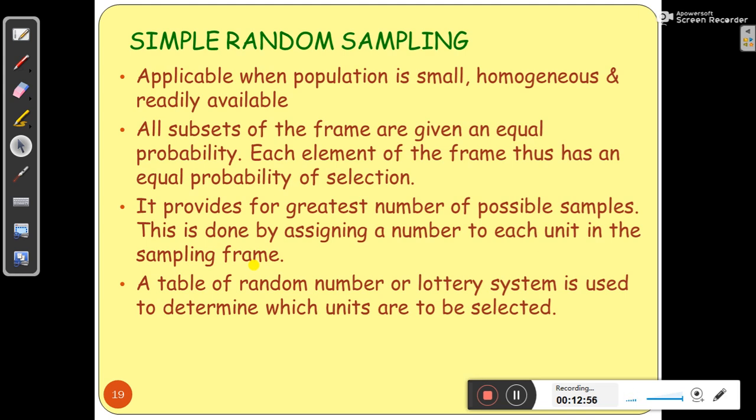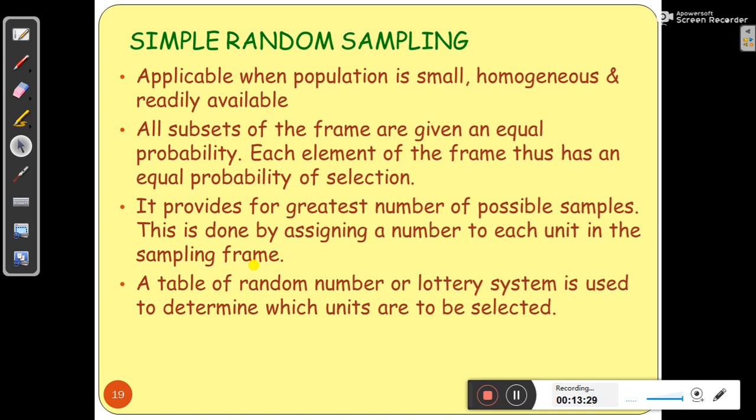Simple random sampling provides for the greatest number of possible samples. This is done by assigning a number to each unit in the sampling frame. A table of random numbers or a lottery system is used to determine which units are to be selected.